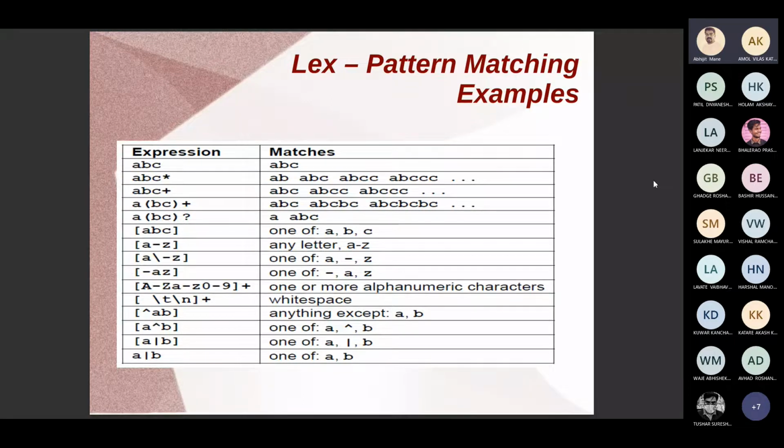So at least ab is the start, and then zero or more occurrences of c. Now abc plus means at least one c, one or more c's occur in your expression. So examples are abc, abcc, abccc, right?